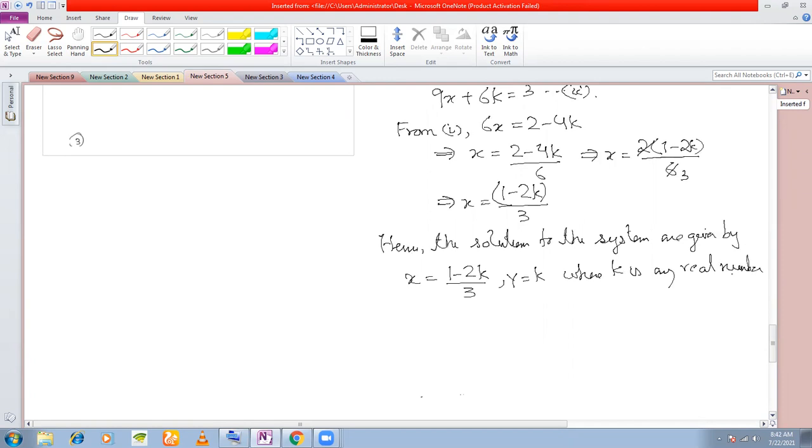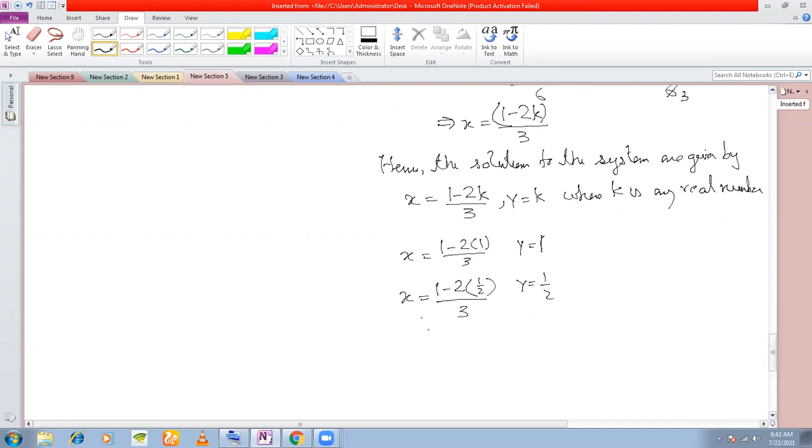How will you get them? You take k is equal to 1. What is the solution? y is equal to 1, and x is (1 minus 2 into 1) by 3. You get one value of x. You take y is equal to half, and x is (1 minus 2 into half) divided by 3. And this will continue indefinitely. You can get an indefinite number of solutions by taking various values of y.